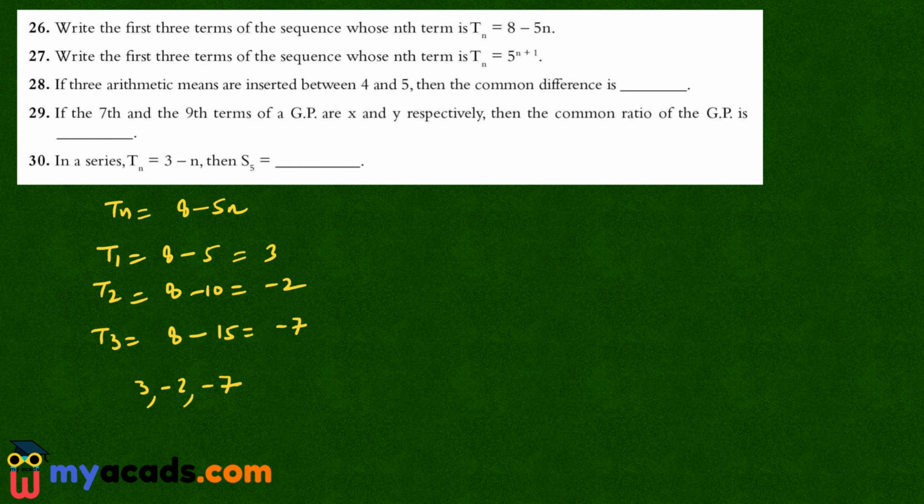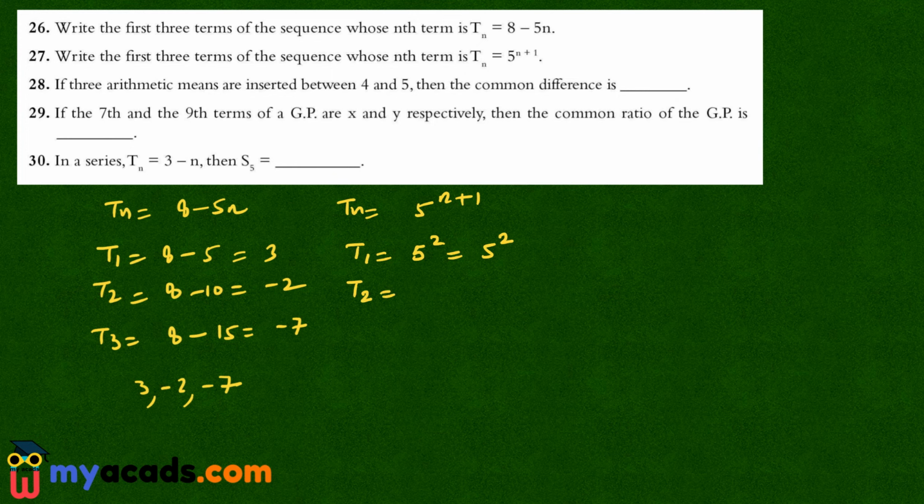My next question is, write the first three terms of the sequence whose nth term is Tn equals 5 raised to the power n plus 1. So Tn is 5 raised to the power n plus 1. So my first term T1 is 5 raised to the power 1 plus 1, that is 2, 5 raised to the power 2, that is 25.